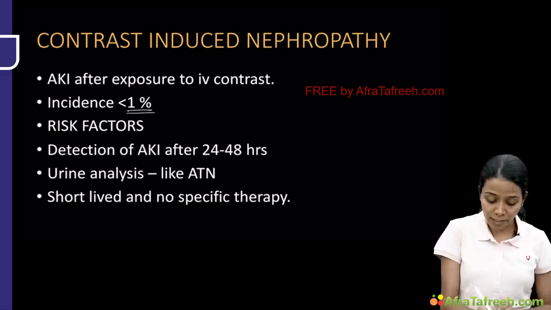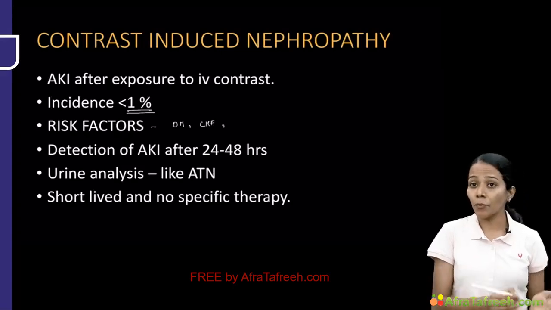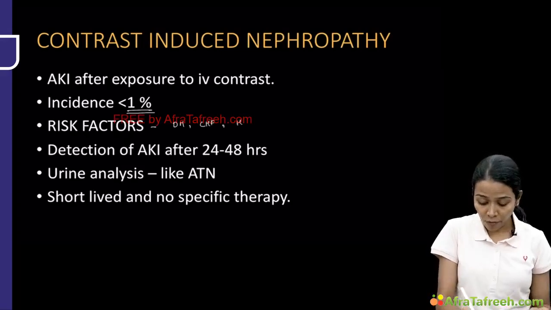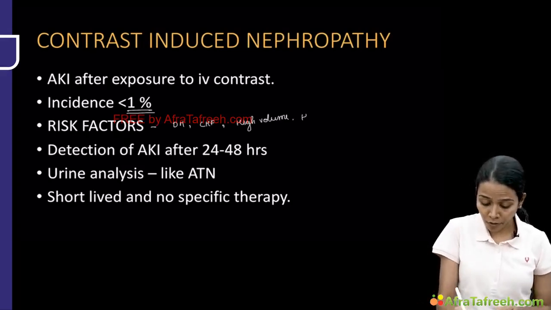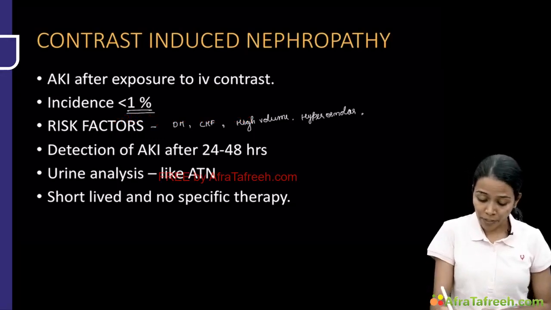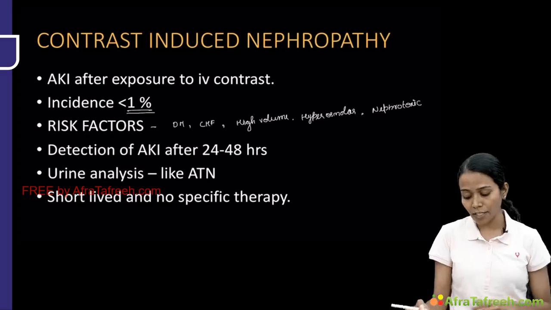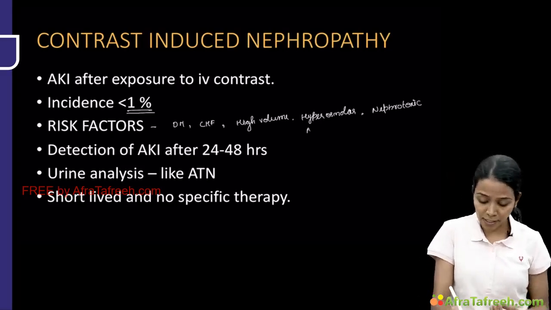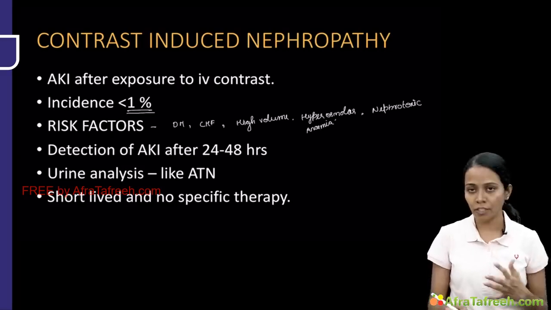There are very important risk factors, like a patient who already has pre-existing diabetes or congestive heart failure with poor ejection fraction, high volume of contrast, or hyperosmolar contrast, that is, the osmolarity of the contrast is very high, or if the patient is on any nephrotoxic medication or diuretics, or has any anemia. So all these become risk factors for contrast-induced nephropathy.